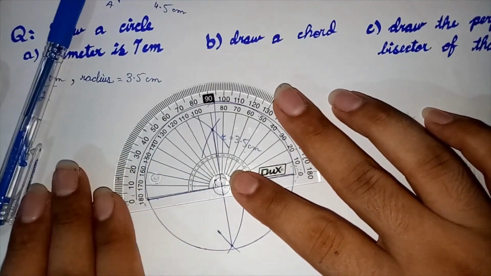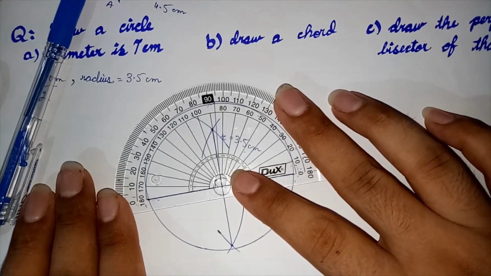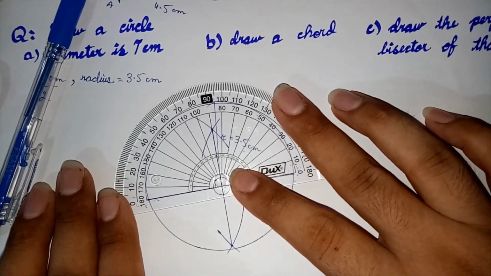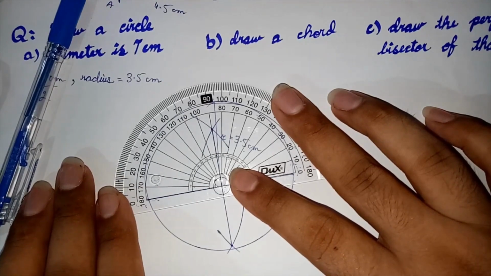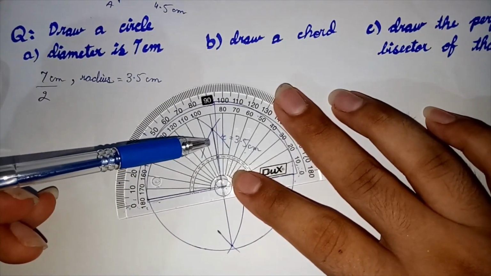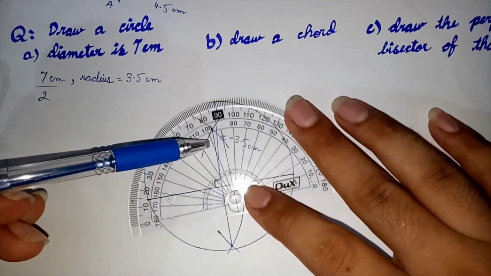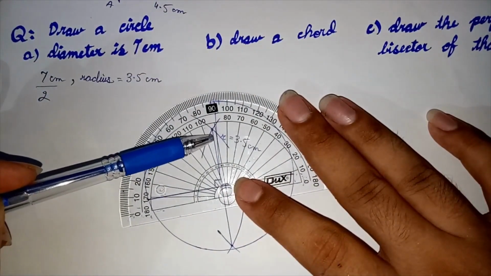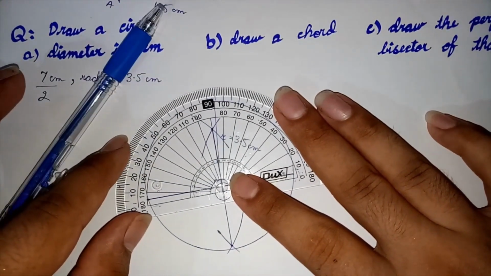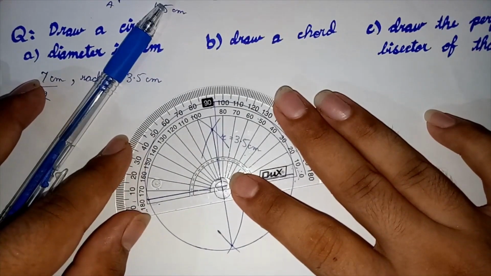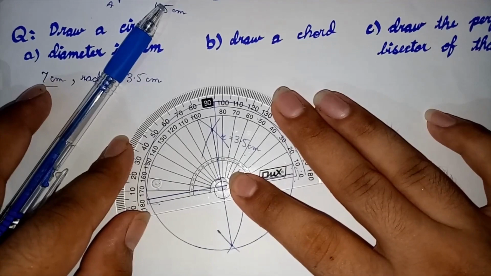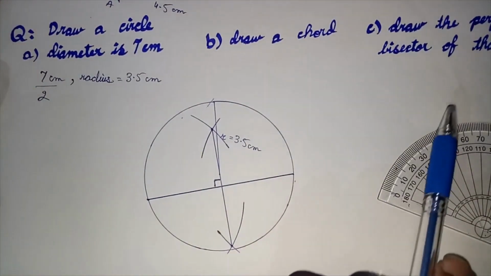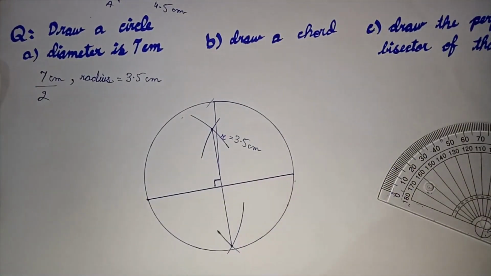If we take this angle, yes, you can see that here we have an angle of 90 degrees, an exact angle of 90 degrees. So this is the perpendicular bisector of a chord that we have drawn here.